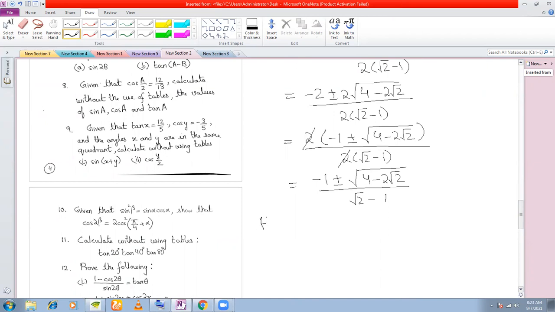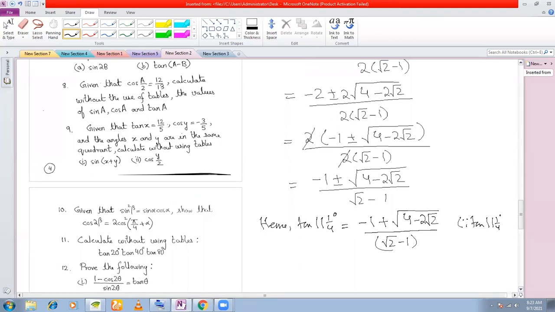So hence tan 11 1/4 degree is equal to minus 1 plus root over 4 minus 2 root 2 divided by root 2 minus 1. In brackets you can write here, since tan 11 1/4 degree is greater than 0.